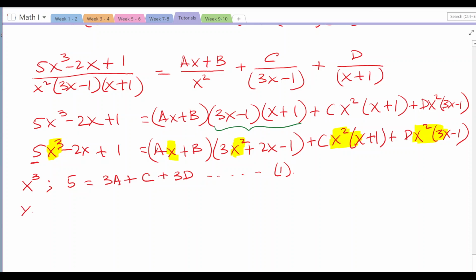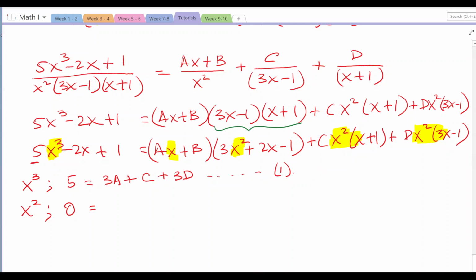Now let's check the coefficient for x squared. Let's put it in green. We don't have x squared on the left-hand side, so we have 0, but we have a couple of terms on the right-hand side.